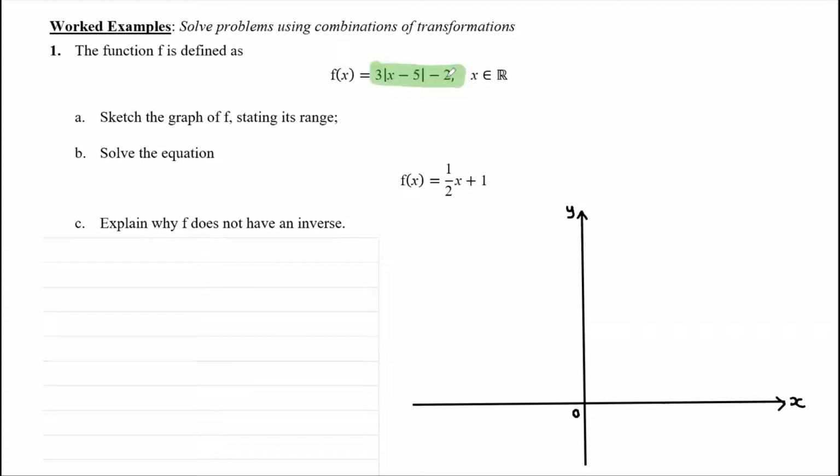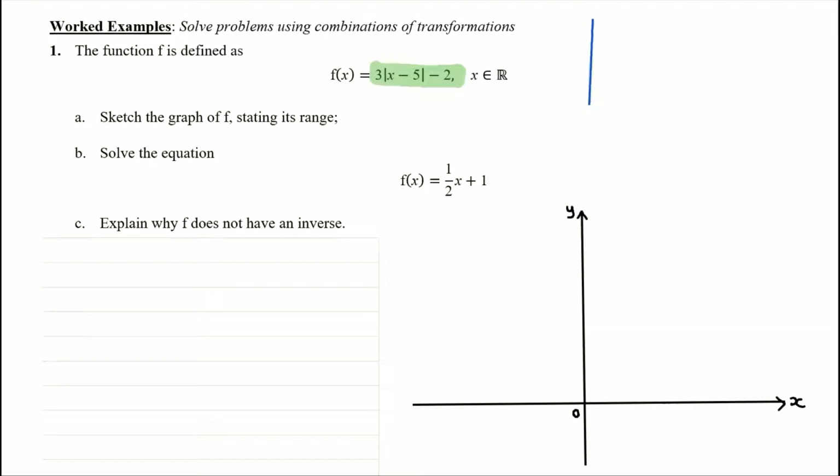In order to sketch this, I've provided the axes and you've got space to do the sketch, but we might need to build up towards the final sketch in a few steps. It all depends on how comfortable you are with sketching transformations. Initially, let's start off with the modulus of x subtract 5. There is a transformation there, but I think that's a good place to start. So if we just sketch that, let's see what happens.